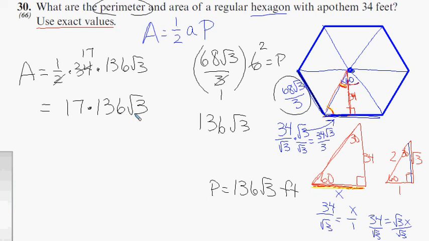Just double check that to make sure that's right. 17 times 136, 2312 times the square root of 3. That is correct. 2312 times the square root of 3 feet squared, and that is our area, and we used exact values, okay? So if you persevered through that one, you did great.